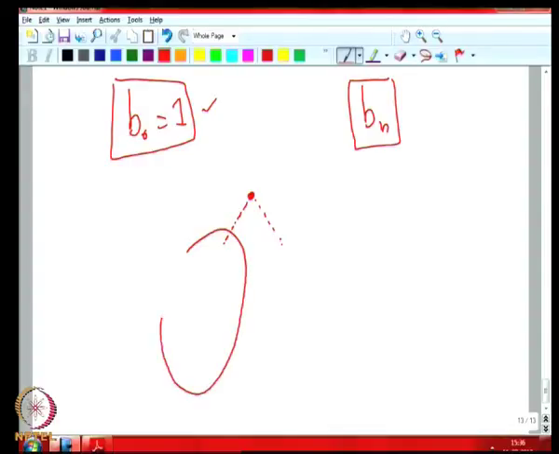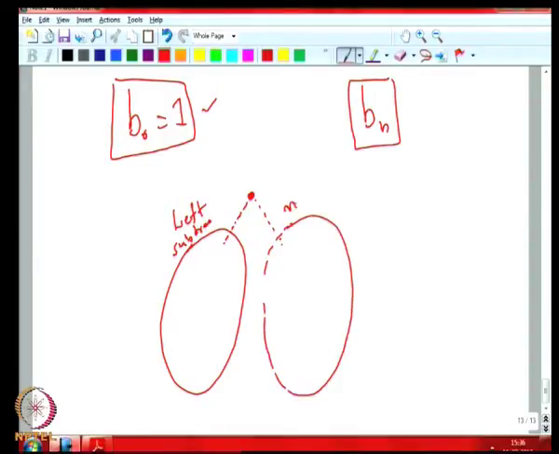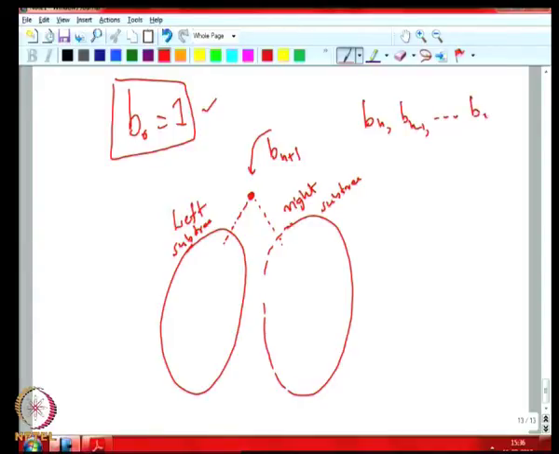This is the left subtree and this is the right subtree. Let us say we are trying to get a formula for Bn plus 1 in terms of Bn minus 1 down to B0. This is our aim.